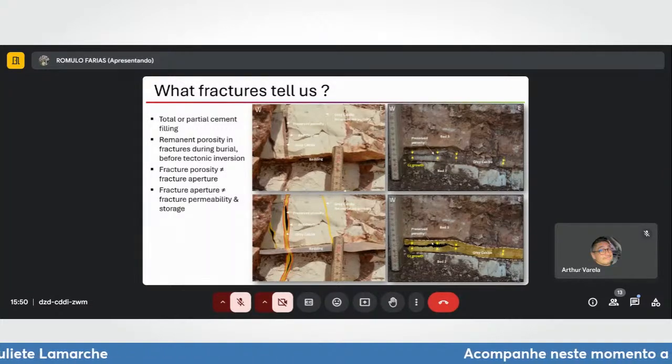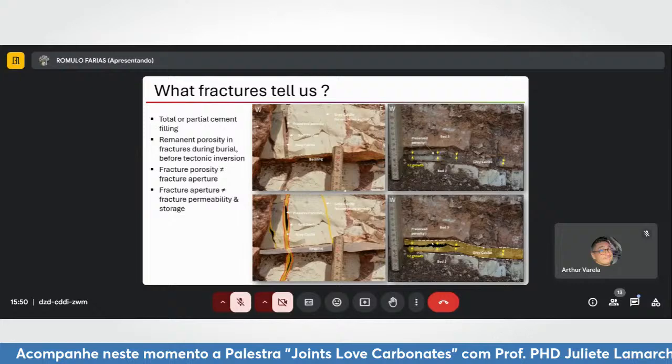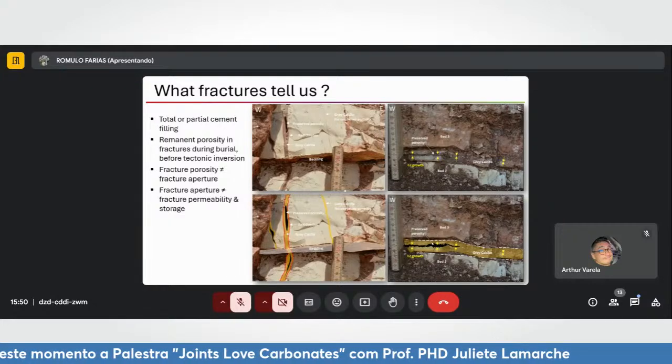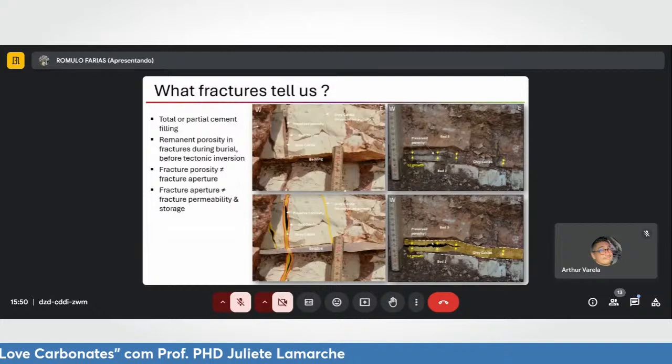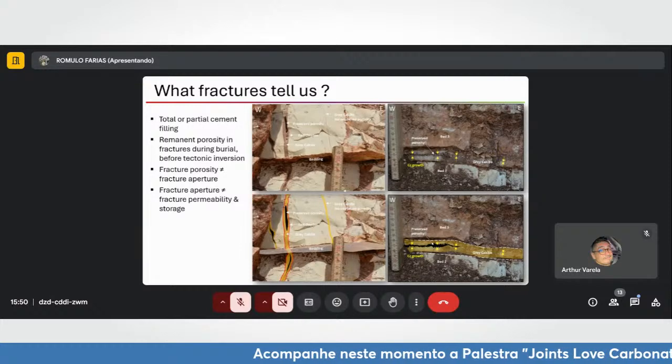So the width of the fracture is not synonymous with the fracture porosity. And here you have a horizontal fracture. This is one bed, this is another one. So we have fractures opened at bed interfaces. And these fractures are cemented, and there is a remnant porosity also in these fractures.